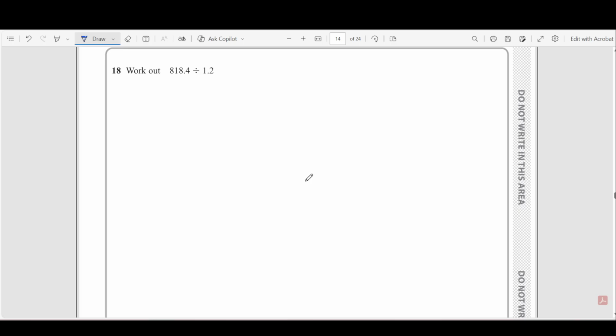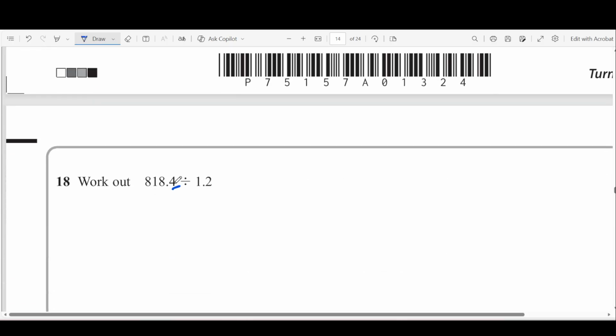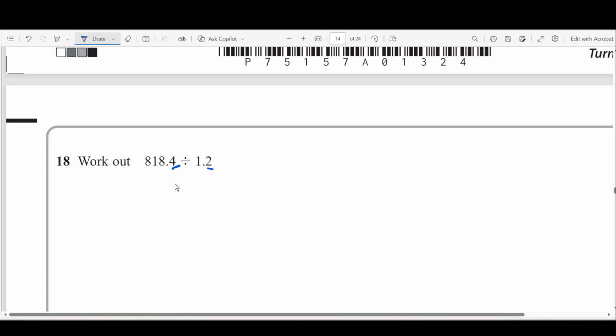Now we have a decimal division question. If you notice, after the decimal you have one digit, which means one decimal place in both of them. If you have one decimal place, you can just multiply by 10. If there are two digits after the decimal point, multiply by 100 to get rid of the decimal point. We multiply both sides to keep the balance.